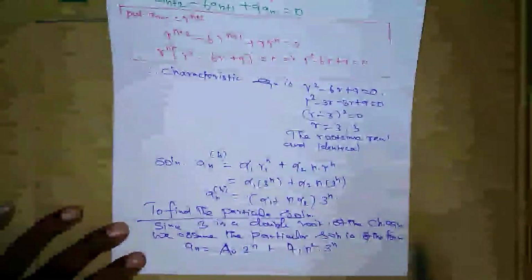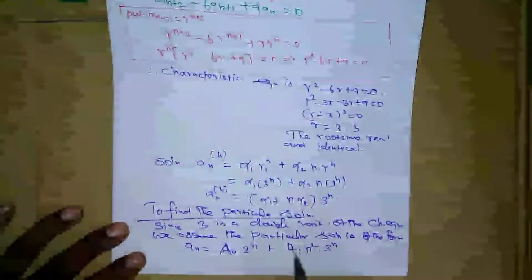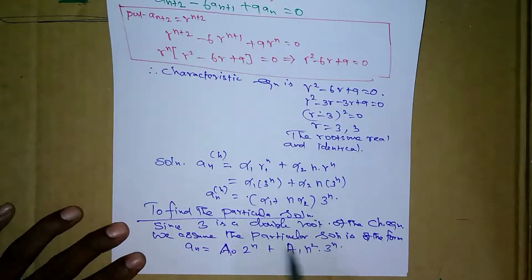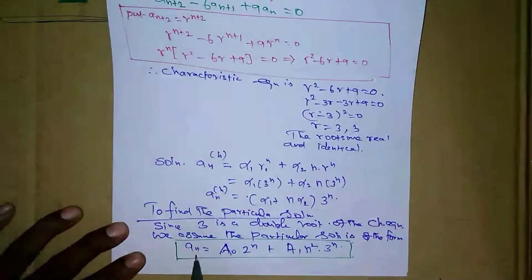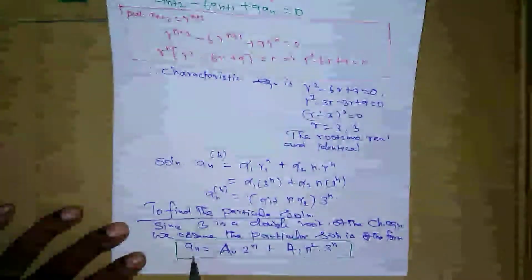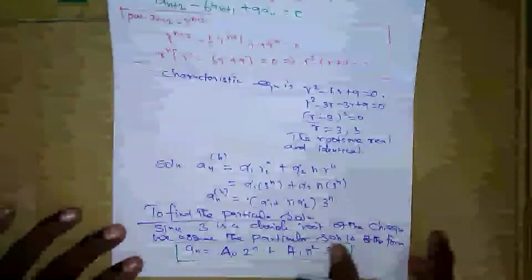This is the right hand side of the recurrence relation. Here the 3 is repeated 2 times, therefore we are putting n square into 3 power n, which is the particular solution. Now we have to find a0 and a1 and substitute in a n, we get the particular solution.